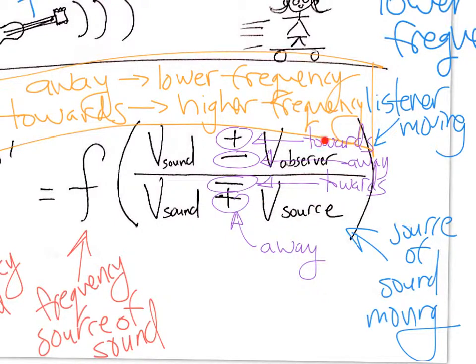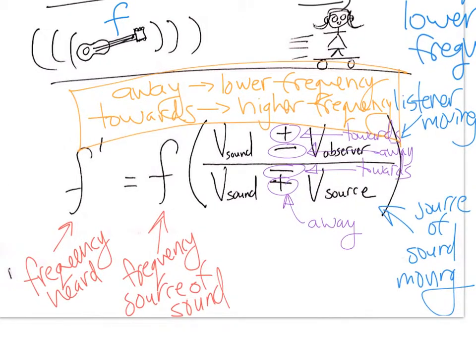And then are they moving towards one another, or are they moving away from one another? Knowing this, you get an answer, and hopefully, if they're moving away from one another, the frequency you got should be lower than the original frequency, the frequency of the source of sound. And if the objects, meaning listener, source of sound, are moving towards one another, we should expect a higher frequency.